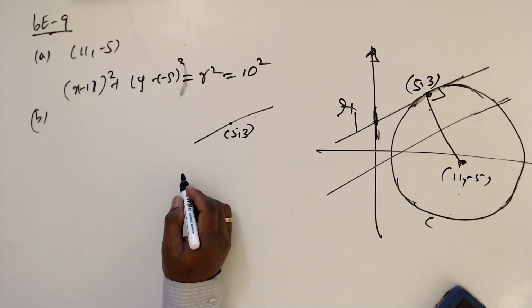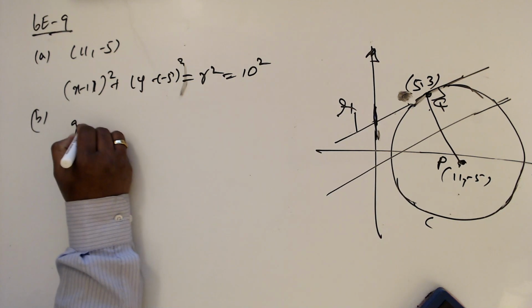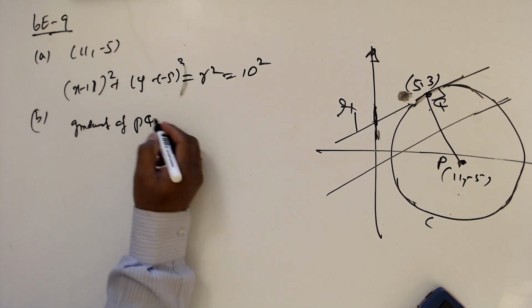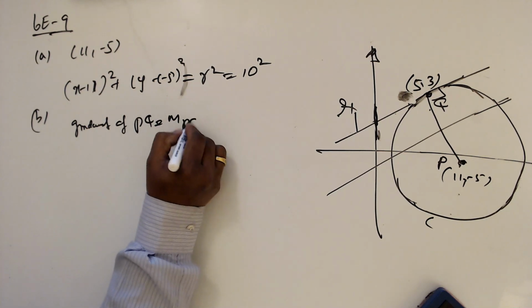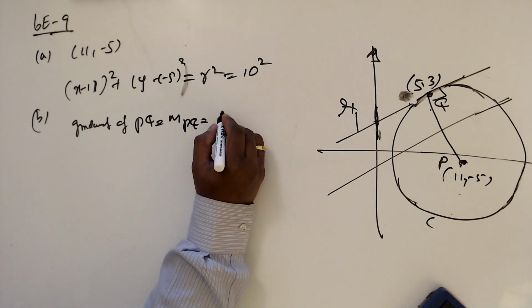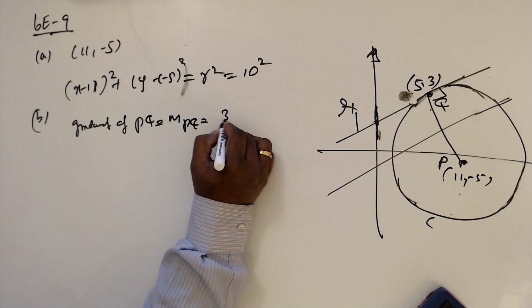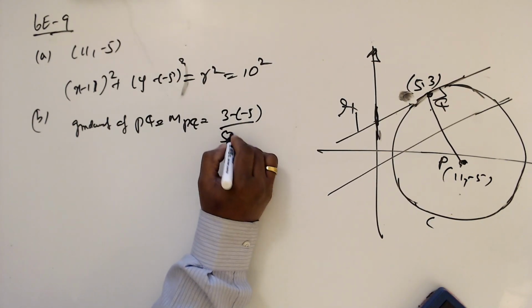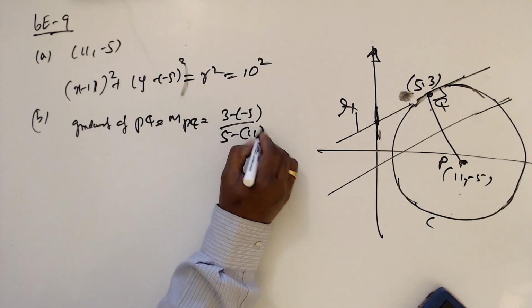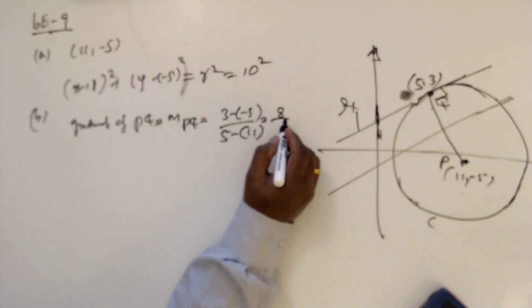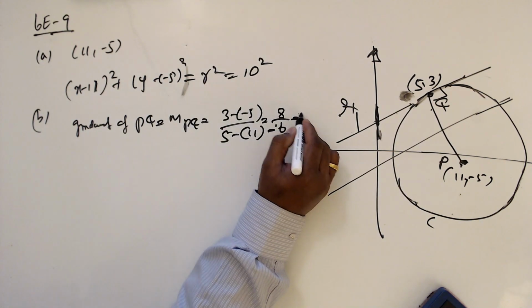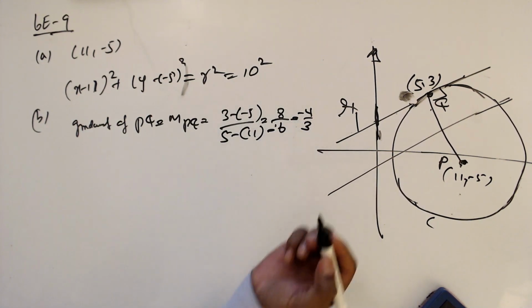The gradient of PQ: m_PQ equals (y1 - y2) divided by (x1 - x2), which is 8 divided by -6, so -4 over 3.